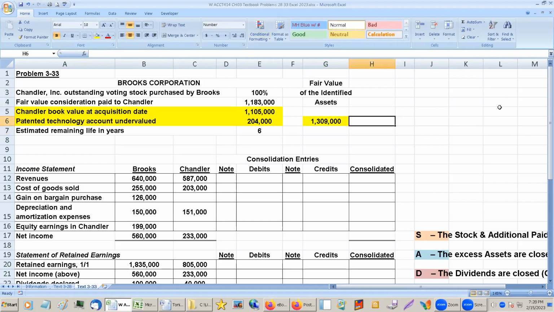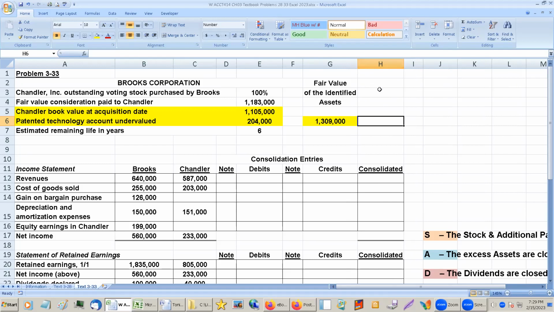What is odd about that? They paid less than it was worth. It was a bargain purchase. So this would be a bargain purchase.